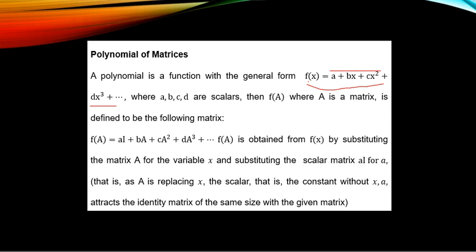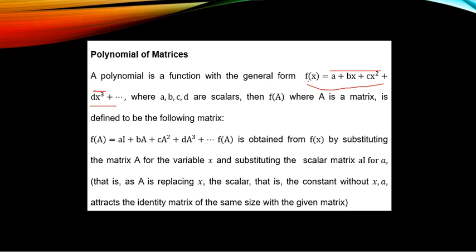Polynomial of degree 3 is called a cubic equation, so you have ds cubed. So polynomial of degree 1, 2, 3 have special names. But from degree 4, there is no special name for it, so we refer to them all as polynomial.